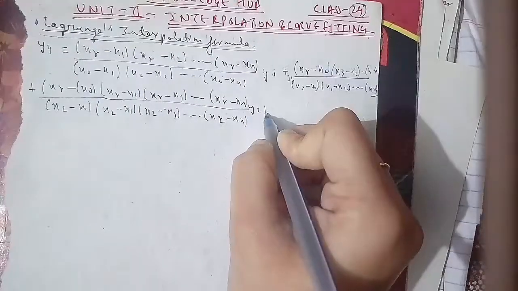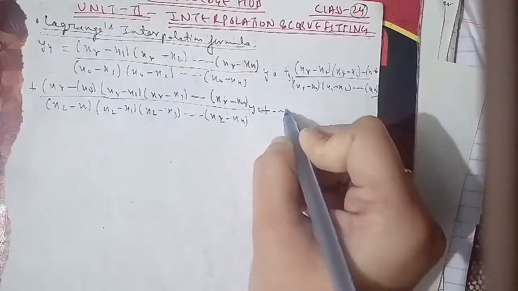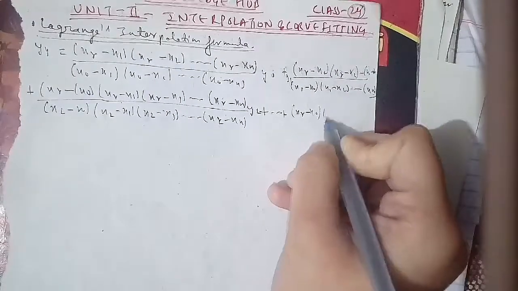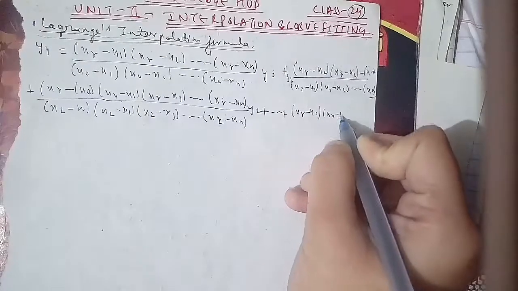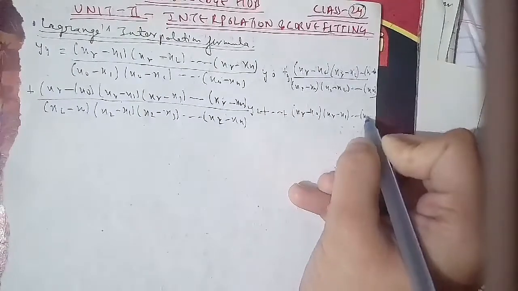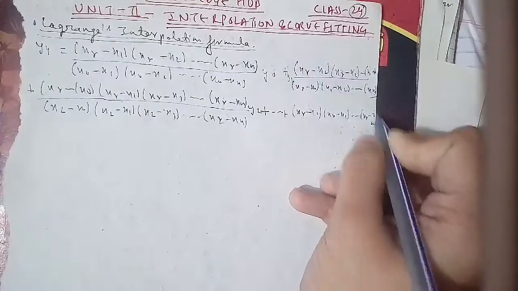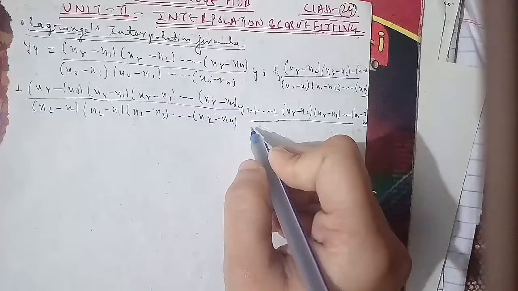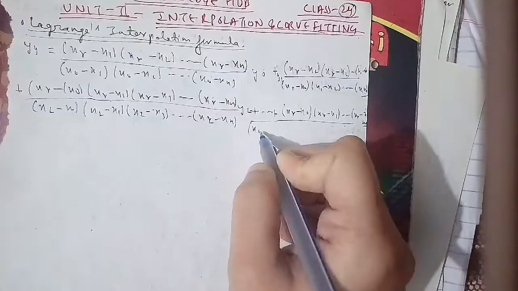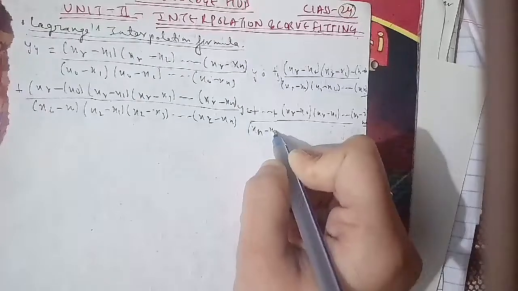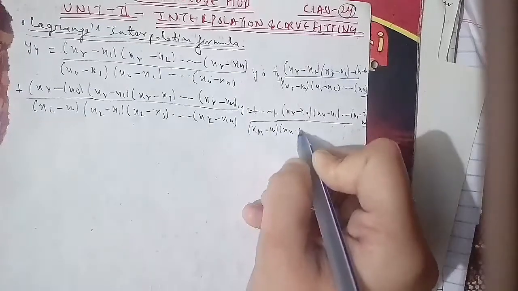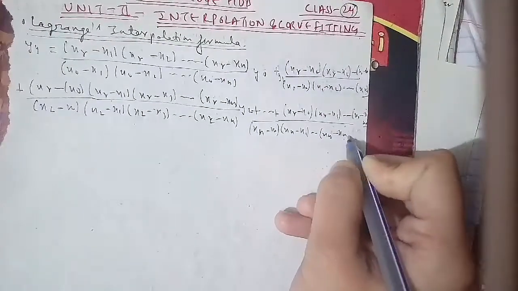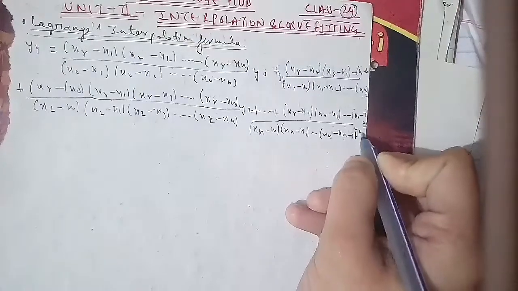Plus, and so on, till (xr minus x0)(xr minus x1) till (xr minus xn minus 1) whole upon (xn minus x0)(xn minus x1) till (xn minus xn minus 1) multiplied by yn.